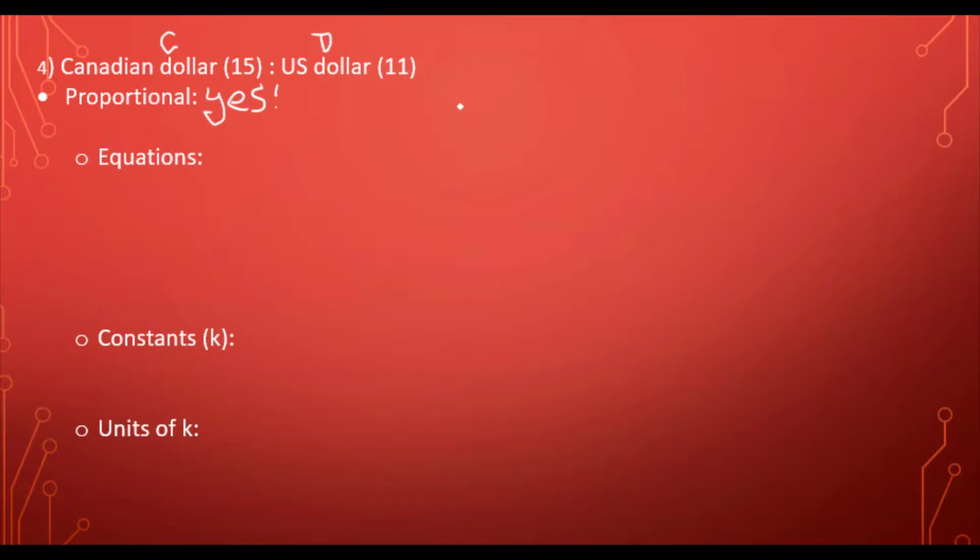So I have my initial ratio, I'll do it this way, 15 Canadian dollars to 11 US dollars is going to equal, I don't know how many Canadian dollars to I don't know how many US dollars. Remember, I'm not trying to solve anything. I'm just forming equations. So we cross multiply, and I get 15 times D equals 11 times Canadian.